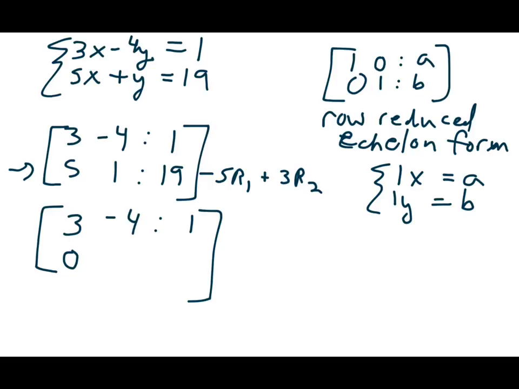Okay, so I made a mistake. I meant for this to be a plus 2y. That makes that 2. So that makes this down here 26.